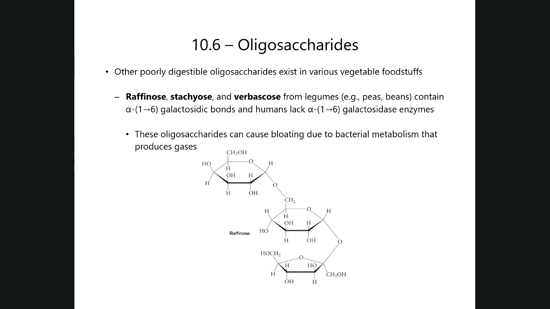I think I've mentioned this before: there are more bacterial cells in the human intestines than there are human cells in the human body. So we are loaded with microorganisms. They're very important and very friendly. We need them to live because they help us with all kinds of things, including digestion.